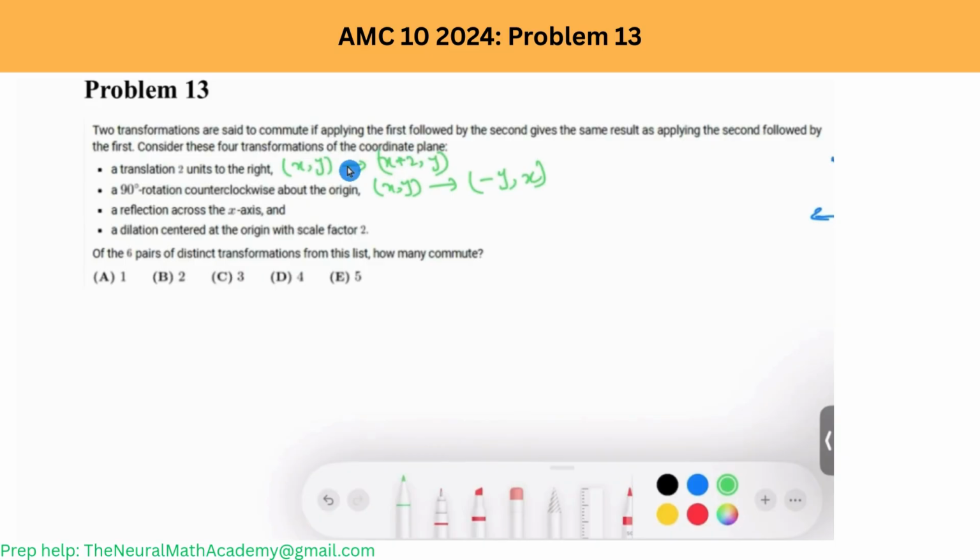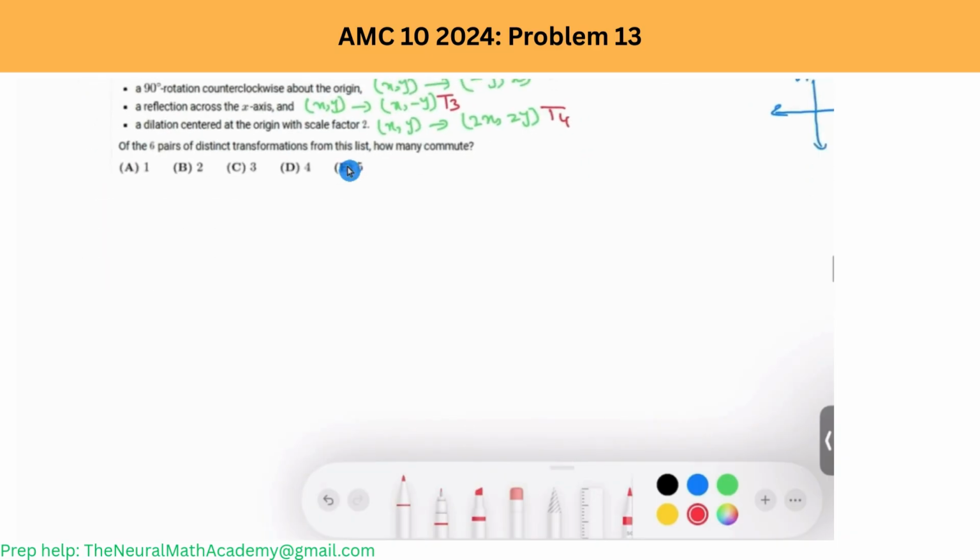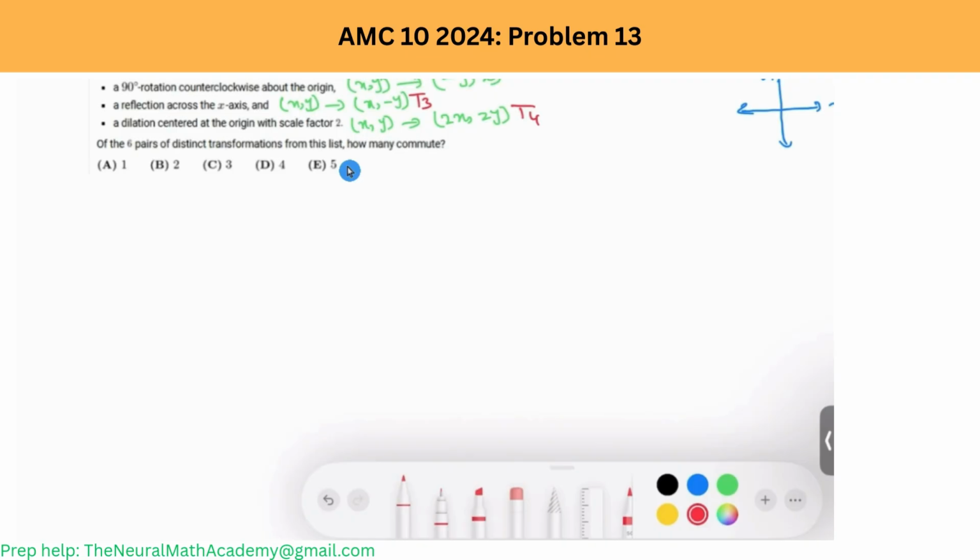The third one is then xy to x, minus y. The last one is xy to 2x, 2y. Also, let's name each of these transformations. The first one I would name as T1, T2, T3, and T4. So now we need to see which transformations commute, right?